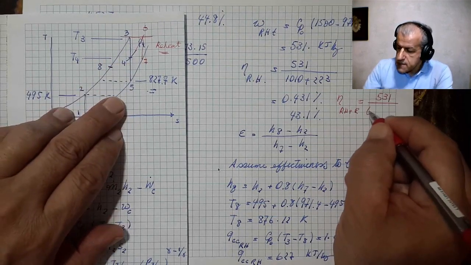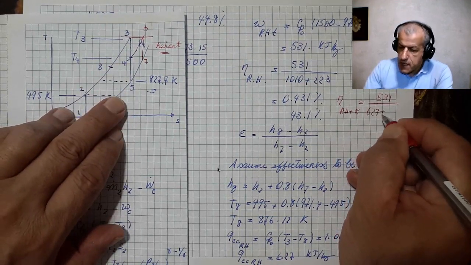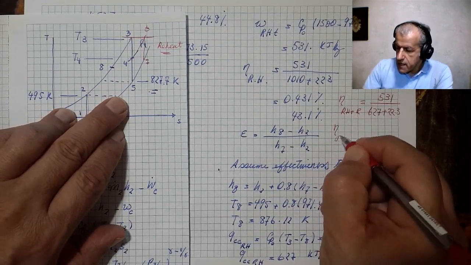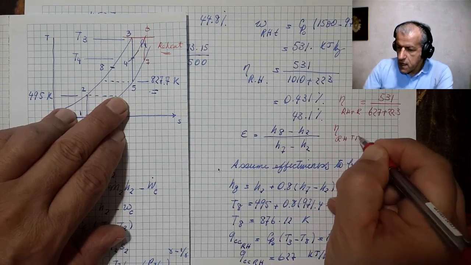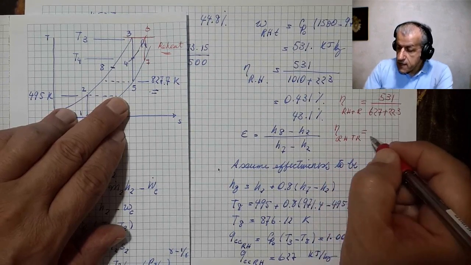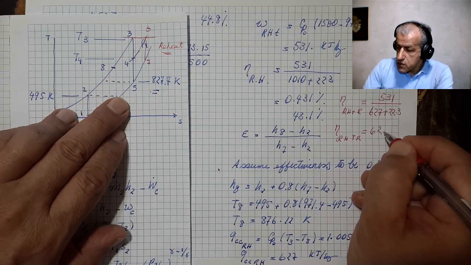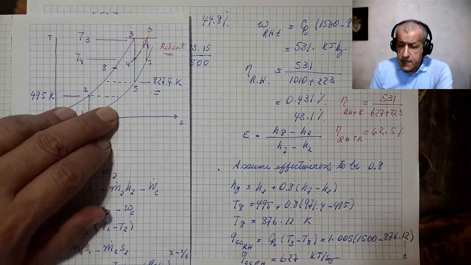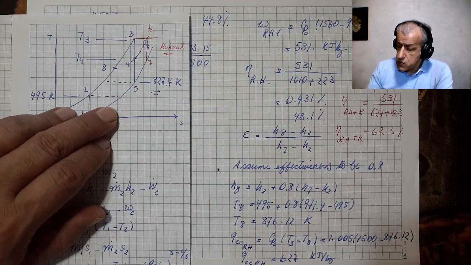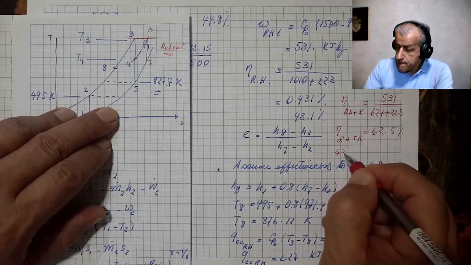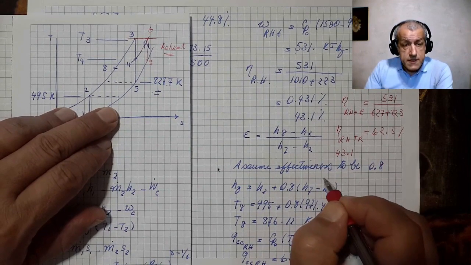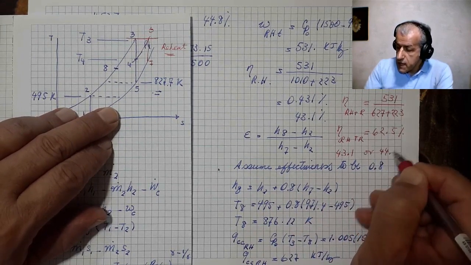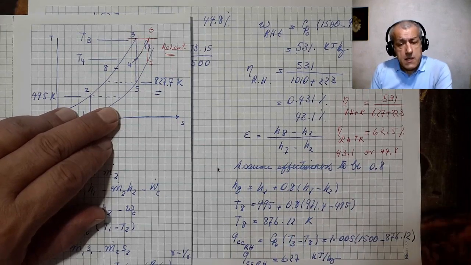So it is 6 to 7 plus 2 to 3, and eta reheat plus R is 62.5%, which is considerably an improvement compared to 43.1, which was the reheat cycle, or 44.8, which was the original cycle.